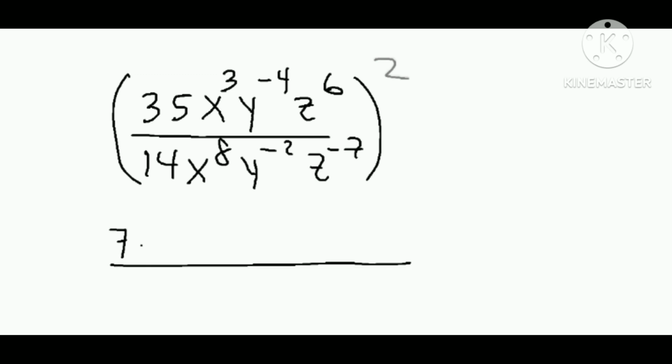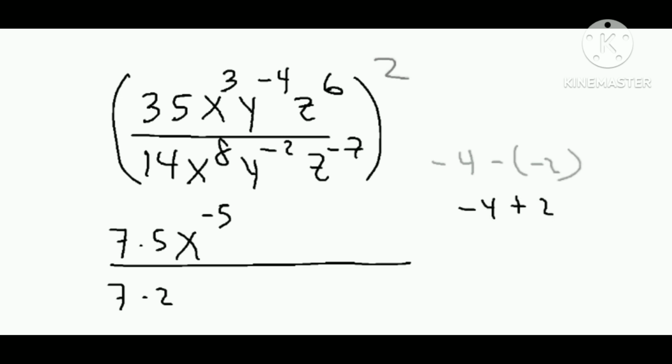35 is 7 times 5, and 14 is 7 times 2. Now what's x to the third divided by x to the 8? It's 3 minus 8, so it's x to the negative 5. And what's y to the negative 4 divided by y to the negative 2? If you subtract, it's negative 4 minus negative 2, which is the same as negative 4 plus 2, so that's negative 2.